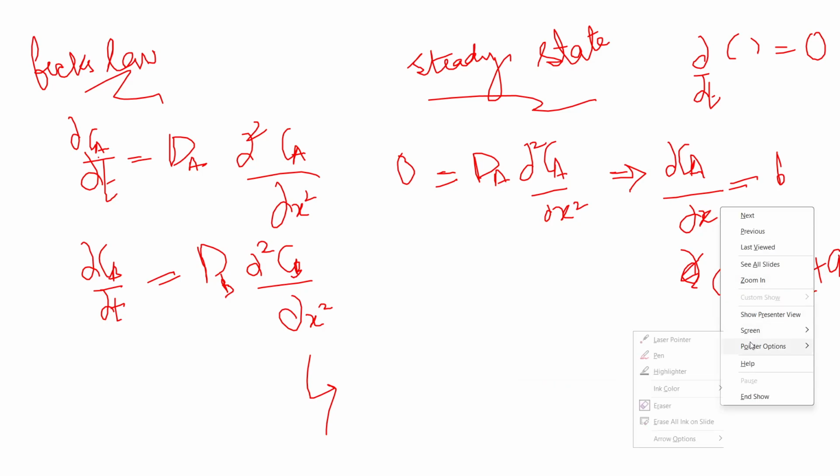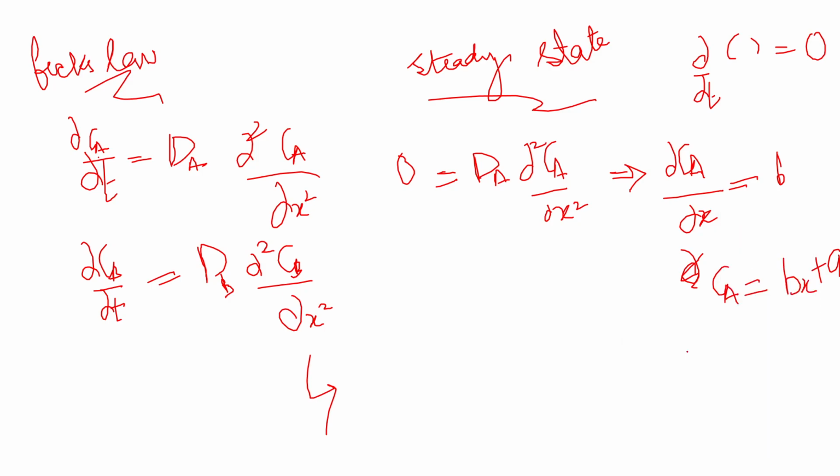And secondly, in Fick's law, initially you have written dou C by dou t is equal to dA dou square C upon dou x square. How is it coming? What is the interpretation of this? That's a law which says that the concentration is changing with respect to time as well as with respect to position. So we are just simplifying it into one dimension, along the x-axis.